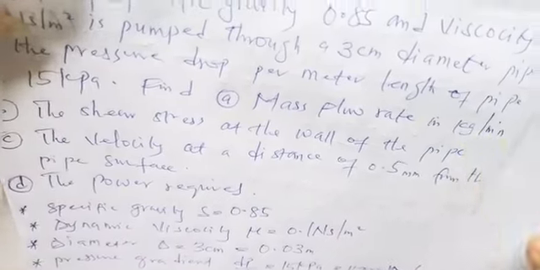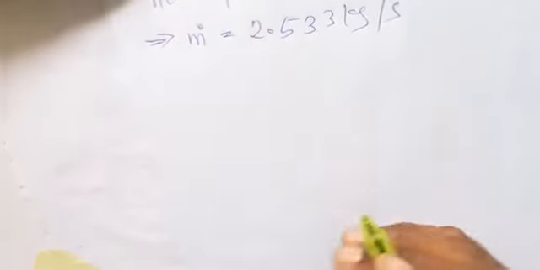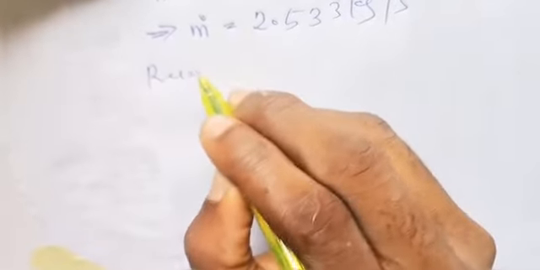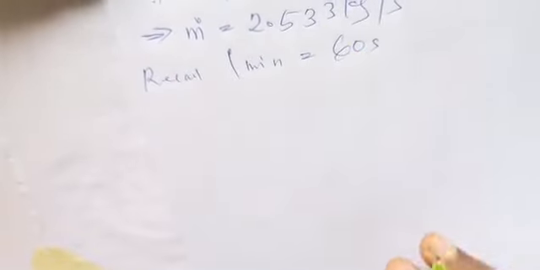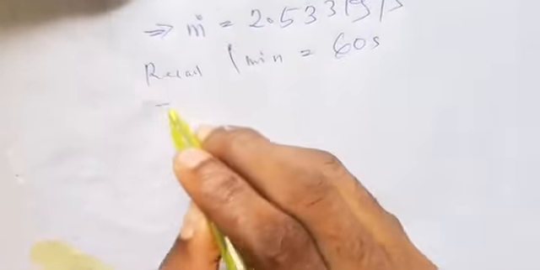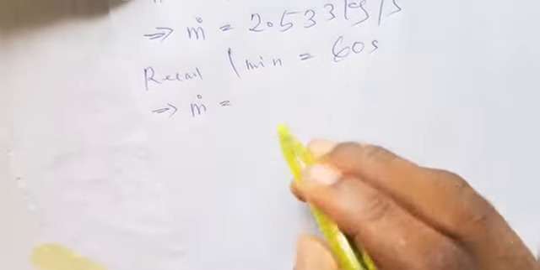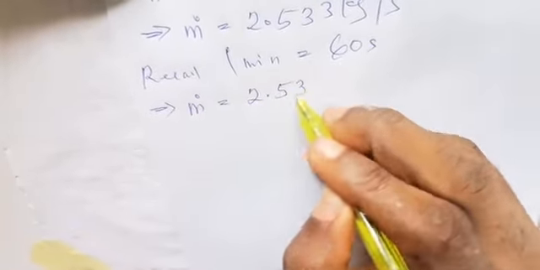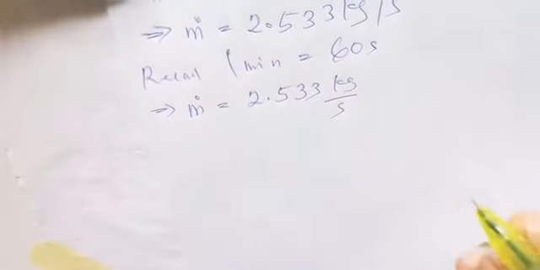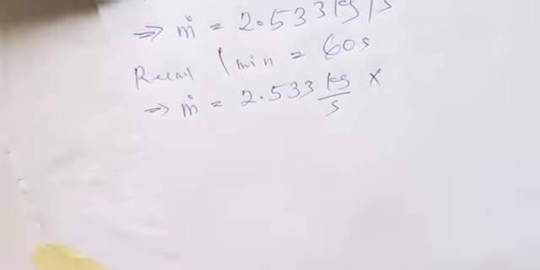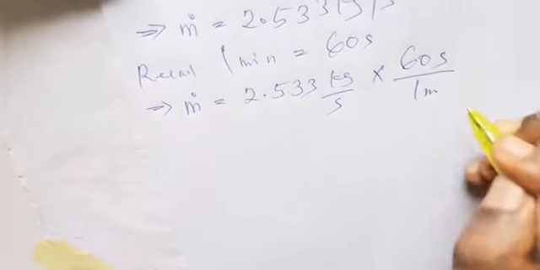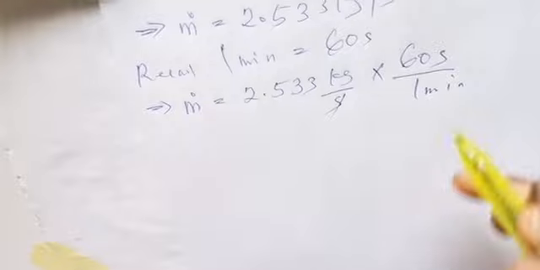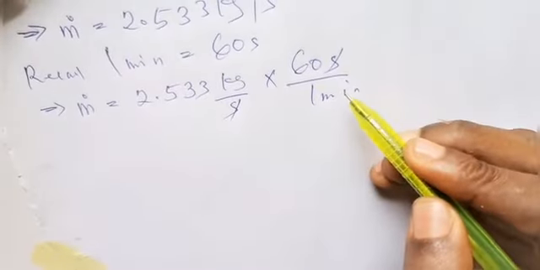So we have to find this in kilograms per minute. You recall that 1 minute is equivalent to 60 seconds. So in order to convert, the mass flow rate is equal to 2.533 kilograms per second, multiplied by 60 seconds make 1 minute. So from here, seconds cancel seconds, you're left with minutes.